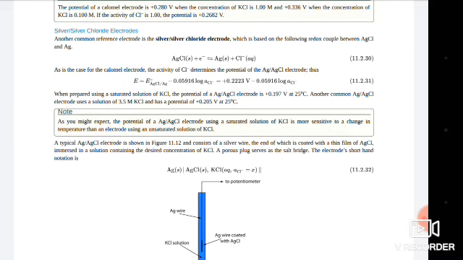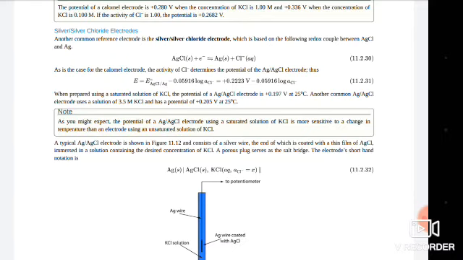Thus the E of the cell is equal to E naught of AgCl/Ag minus 0.05916 log of the activity of Cl minus, because the number of electrons taking part in the reaction is 1.